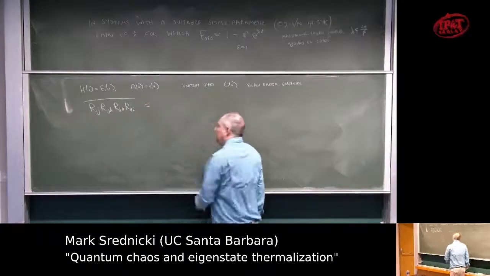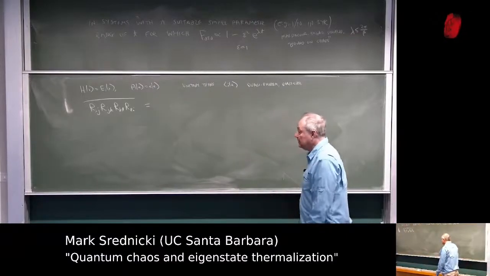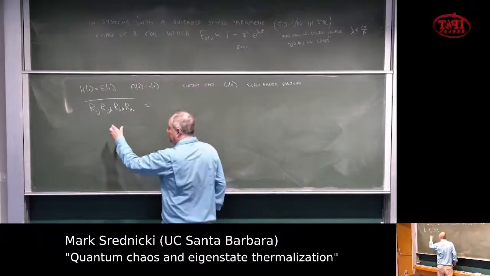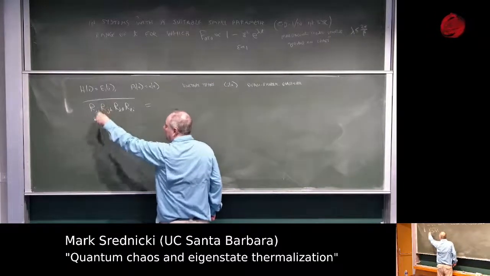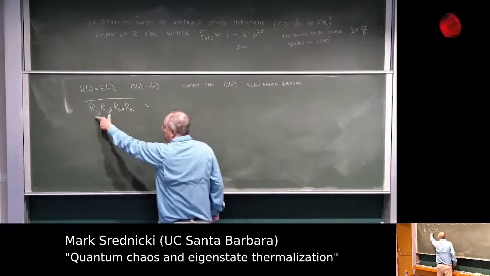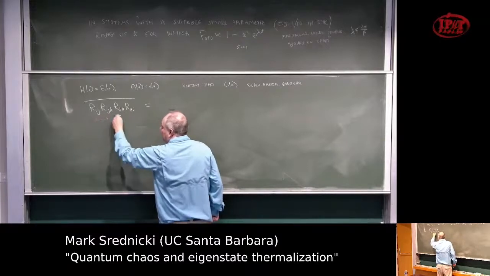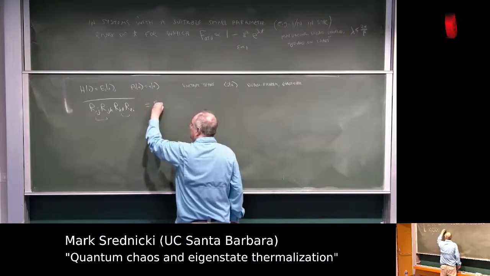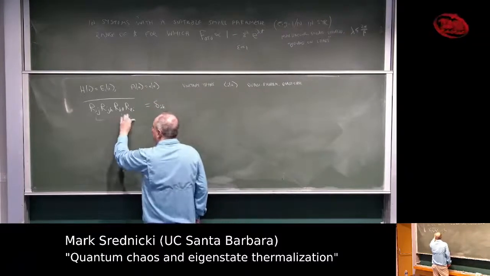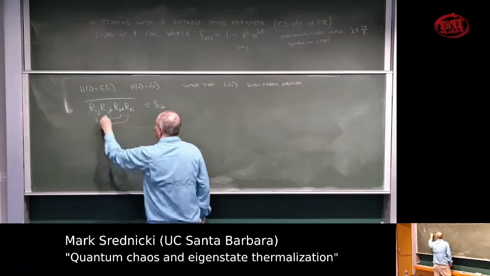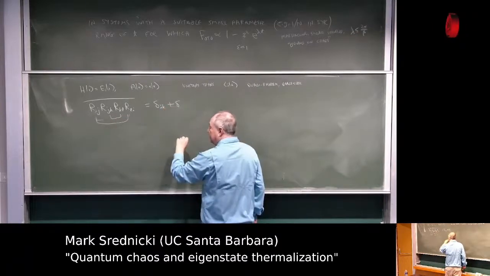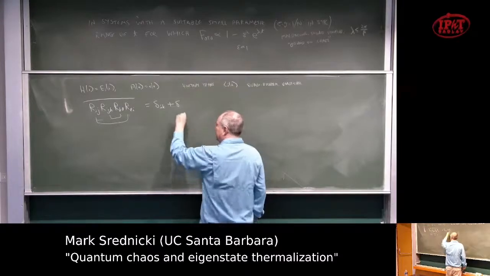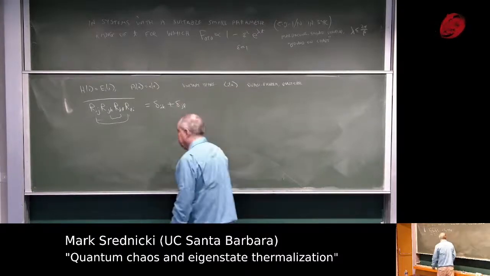Now if we think of the statistical average of this, if they were Gaussian, we could express this in terms of Wick contractions, and we could contract them like this, and that would give us a delta IK, or we could contract them like this, and that would give us a delta JL.